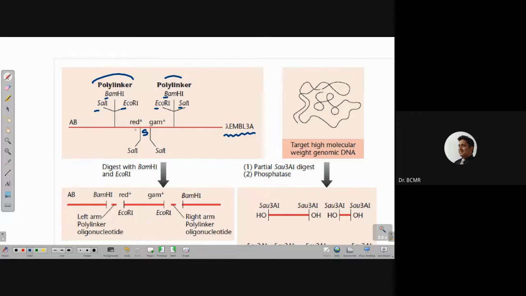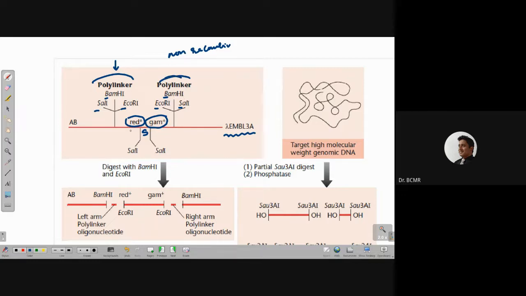There are also two more things we need to discuss: why do we have red and gam? They designed it this way to reduce the non-recombinants. Non-recombinants means that we don't want vector-vector religation. That is why they designed the polylinkers in this way.